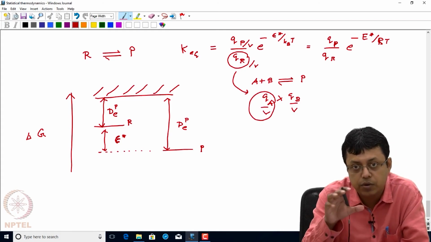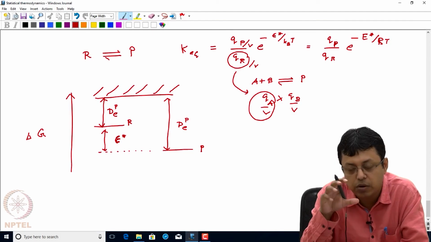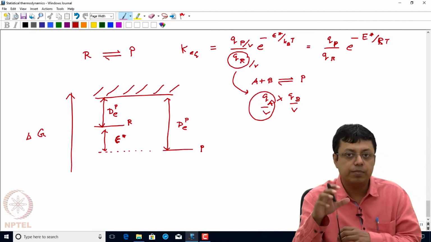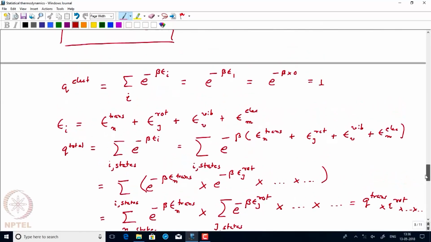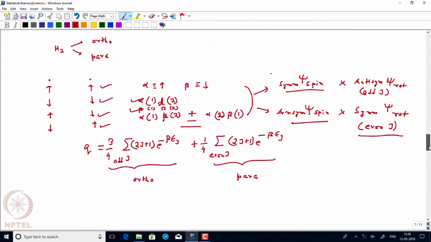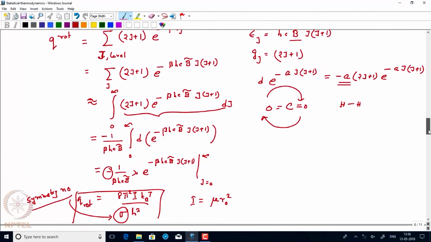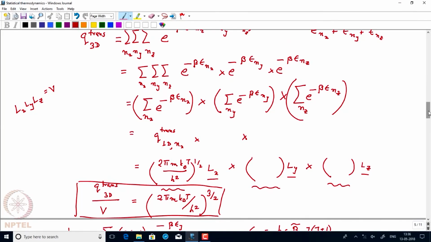It has translation, rotation and vibration, but translation always comes with partition function per unit volume, because if you remember the translational partition function, let us go back here. We had this Lx, Ly, Lz, which together gives you the volume of your macroscopic system, and that volume we always divide by the translational partition function.